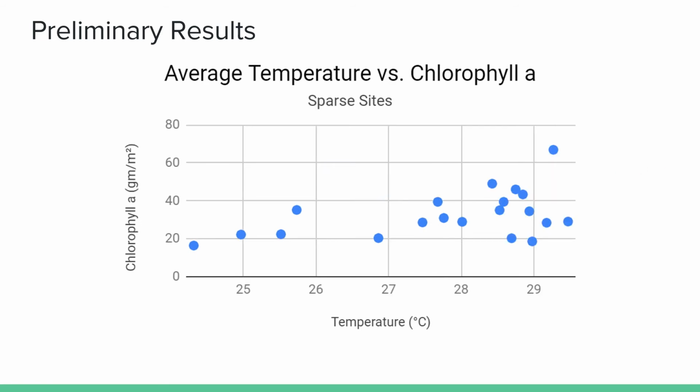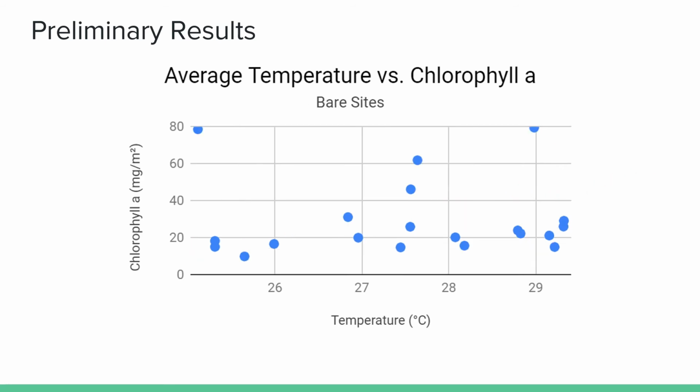This is much the same with the sparse sites. Again, the low chlorophyll A measurements are also found where there are lower temperatures, but then this data spreads out at the higher temperatures. And for the bare sites, it's hard to see what the correlation may be.